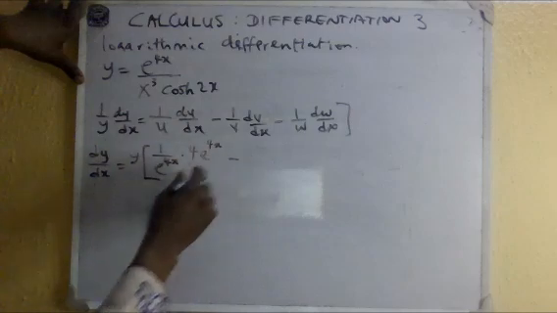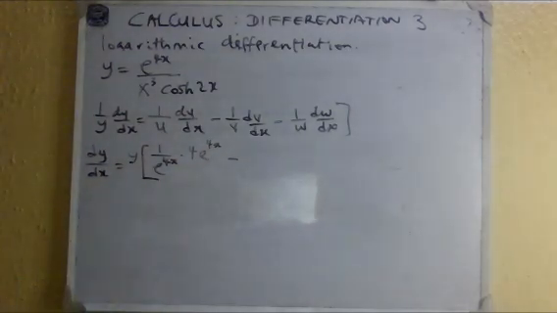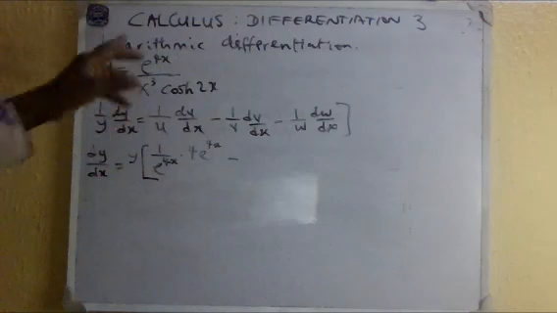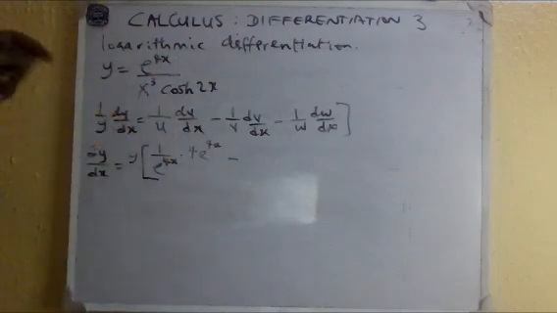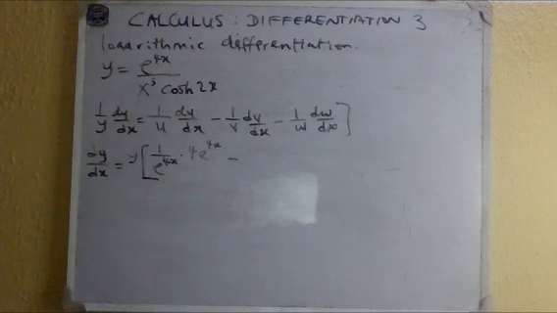At this point, I know you should be familiar with your differentiation. You should go and check out the video for differentiation 1: the first principle, the foundation, the basic building blocks, standard differentials.